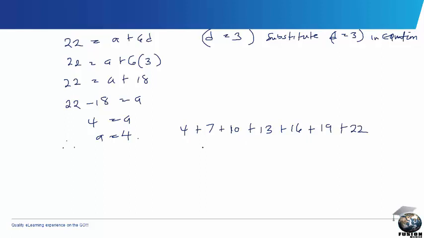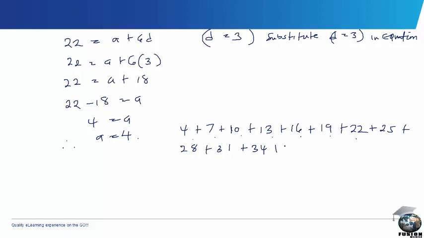You see, the 7th term is 22, counting 1, 2, 3, 4, 5, 6, and 7. Then we keep adding till we get to the 12th term. Plus 3, you have 25. Plus 3 again, you have 28. Plus 3 again, we have 31. Plus 3 again, we have 34.